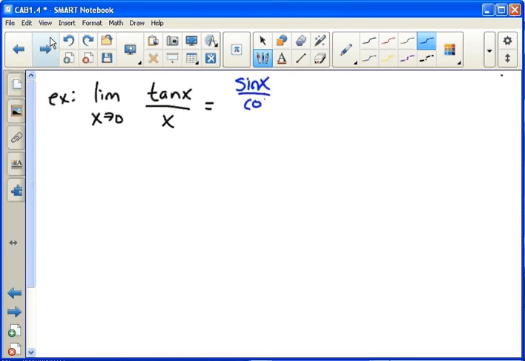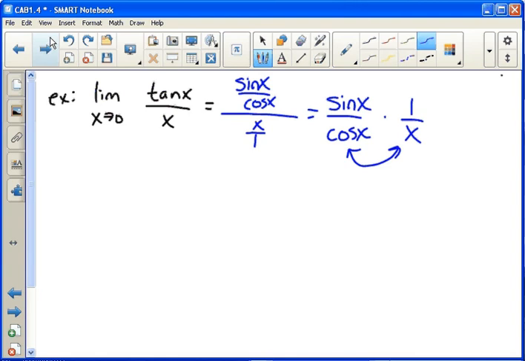And what we really have here now is a fraction, sine of x over cosine x, divided by another fraction, x over 1. And whenever you divide fractions, you simply multiply by the reciprocal. Okay, well hopefully it's starting to show up. You start to see what the pattern here is. If you remember, when you multiply, it doesn't matter what order you multiply in. So I'm going to swap the order of these two. I'm going to make it sine of x over x times 1 over cosine x, and take the limit as x approaches 0.